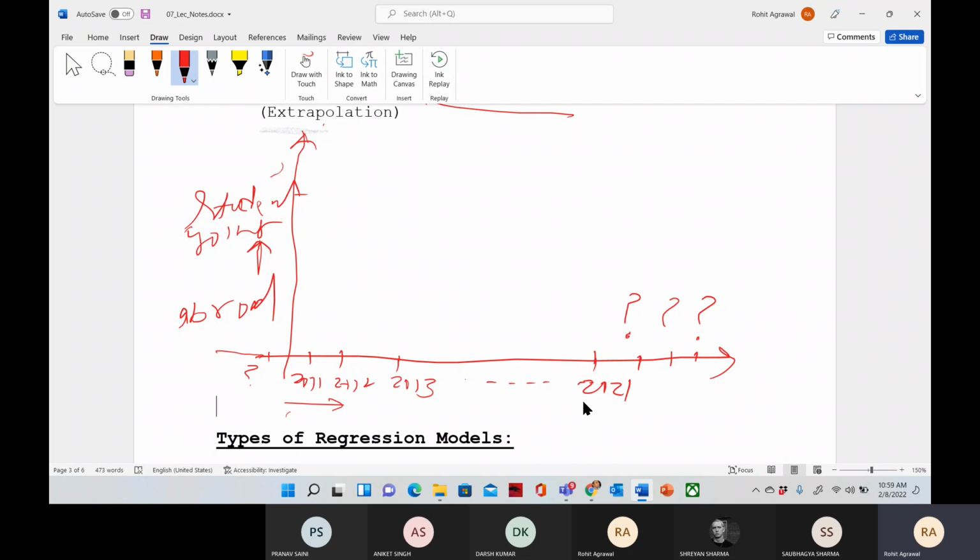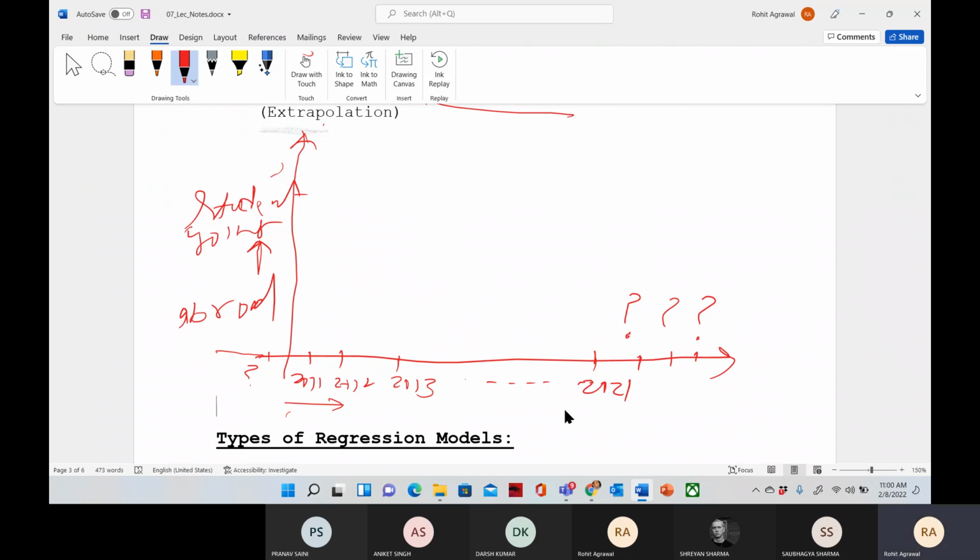Using this data we are going to predict how many students will go abroad in 2022, 2023, 2024, and then 2025, and so on. So our data range was from 2011 to 2021. We have 10 or 11 years of previous data, and using this previous data we are going to predict how many students will go abroad in the future.